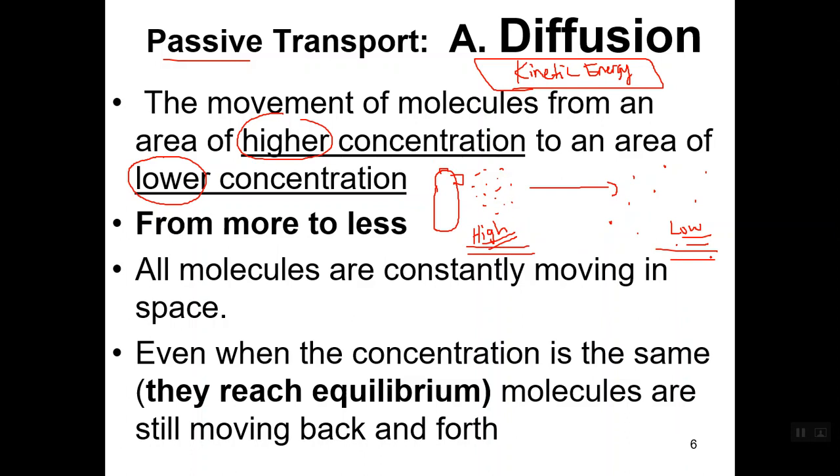The same thing, you can see this if you take, and I would actually encourage you to do this if you can, if you take a glass of water and you drop a food coloring in it, what you're going to notice is that there's a really, really high concentration of food coloring where you put it in the water.